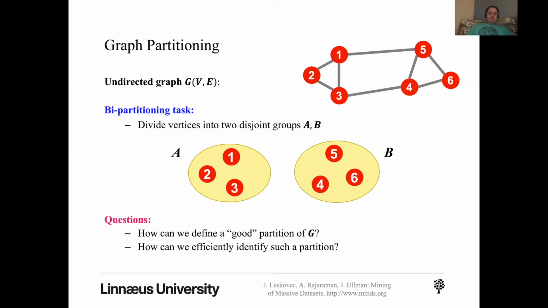But then, of course, the basic questions arise, the natural questions, as always. How do we define a good partition, and how can we efficiently identify such a partition? We've kind of answered that a little bit before, but now I'm going to take a step back, do a 180 degree turn, and look at the problem from a different perspective, right?